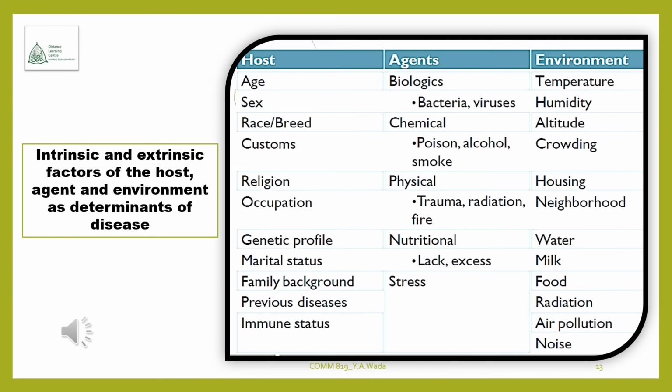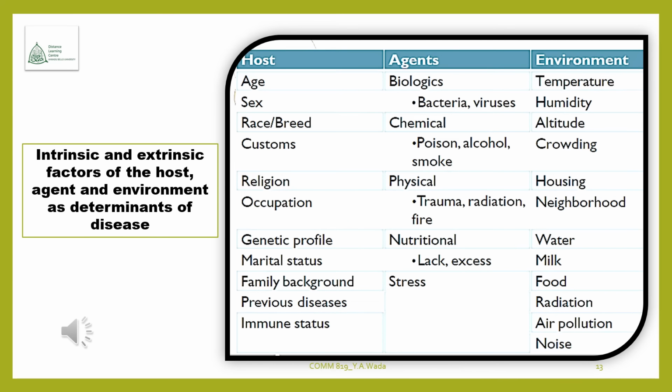Some may be more prevalent in females, some may be more prevalent in males. For instance, when you talk of prostate cancer, you know it is mostly associated with males. But when you talk of breast cancer, it's mostly influenced by gender, which is female.